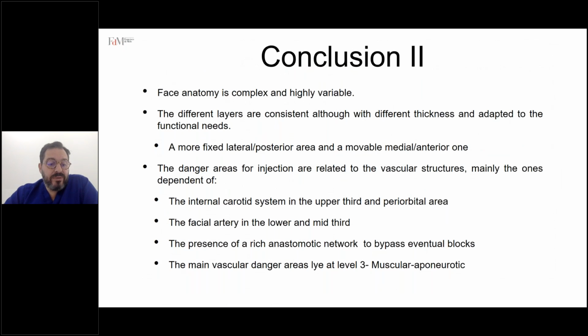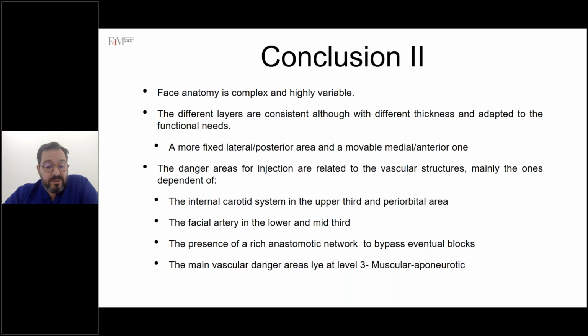So in conclusion, I think this is the most important part. Facial anatomy is complex, don't forget that. There are different layers, and variation is the rule. The internal carotid system mainly takes care of the upper third and the periorbital area, and the facial artery the lower and mid thirds. There's a rich anastomotic network that can bypass eventual blocks. That's why vascular complications are very rare.